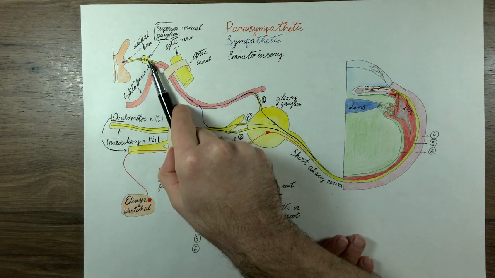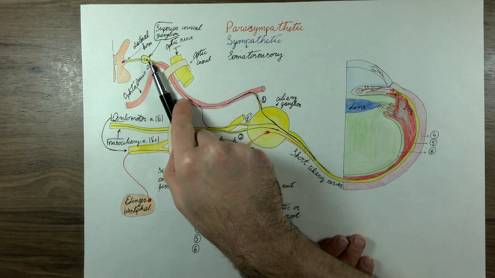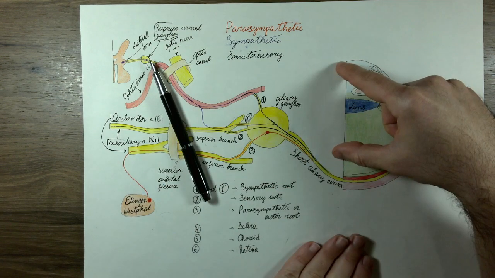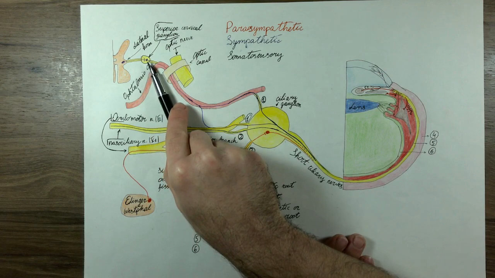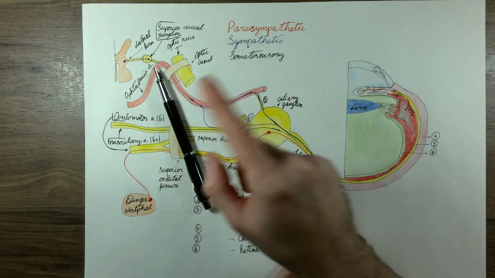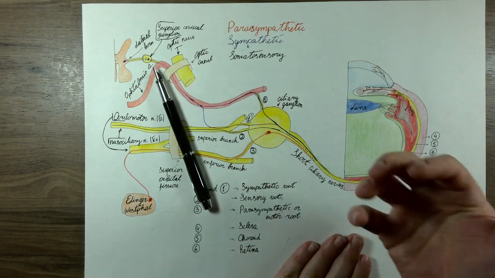They would synapse in a ganglion of the sympathetic trunk, or more precisely the cervical portion of the sympathetic trunk, and from there they would originate as a postganglionic fiber that would wrap around the adjacent arteries. In this case, the internal carotid artery.